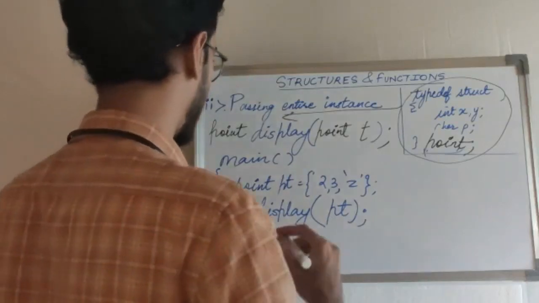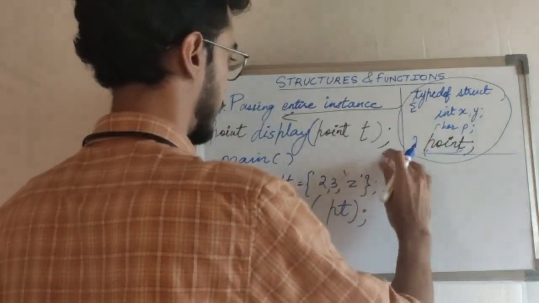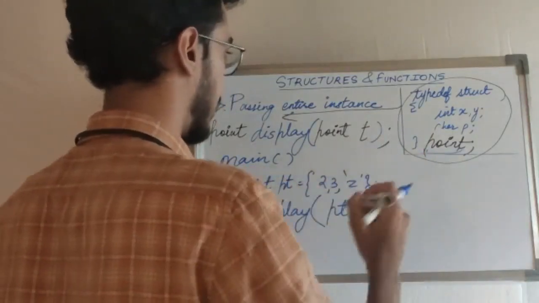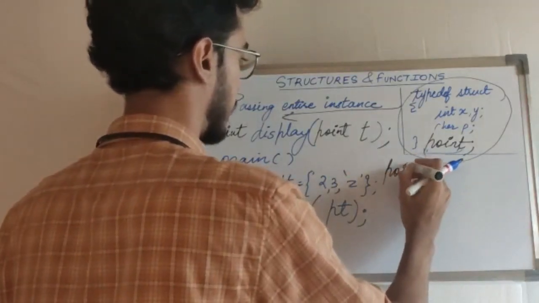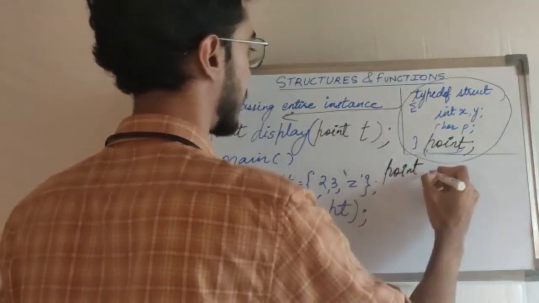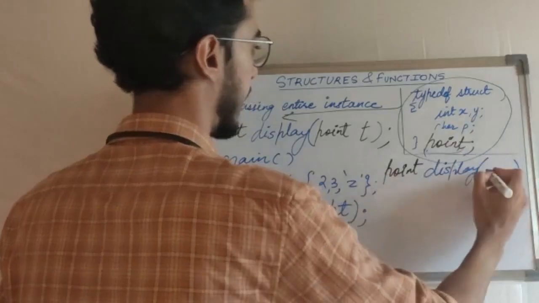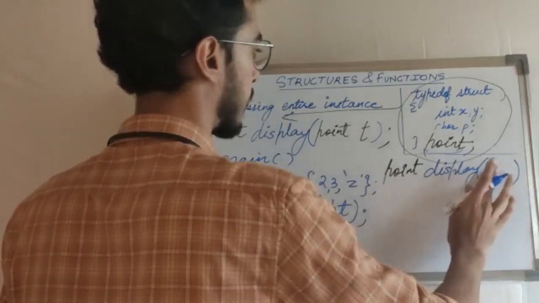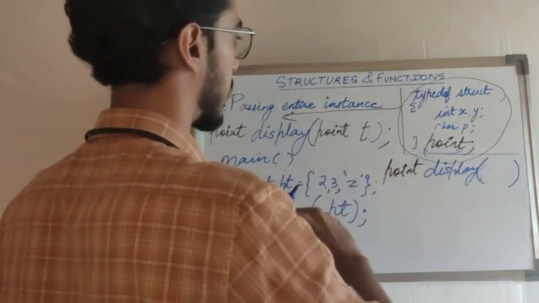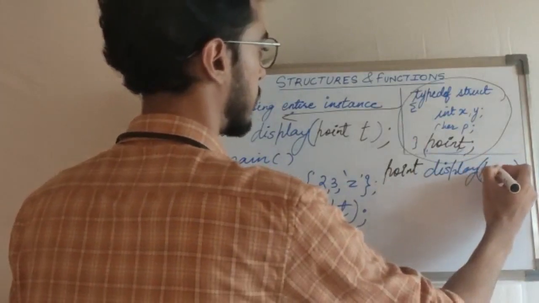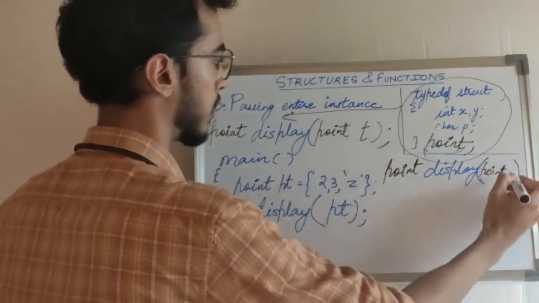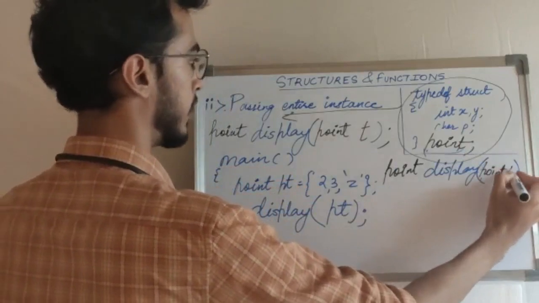And in the definition of the display, the return type is point. This display function will accept a variable whose type is point. Let's call it t.